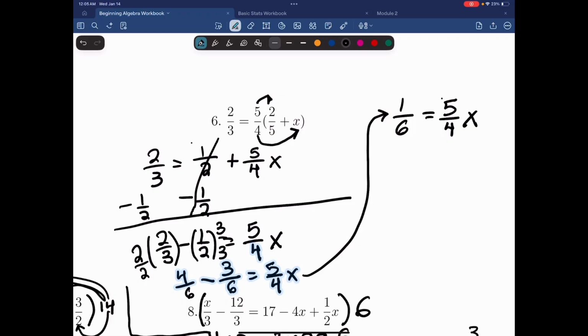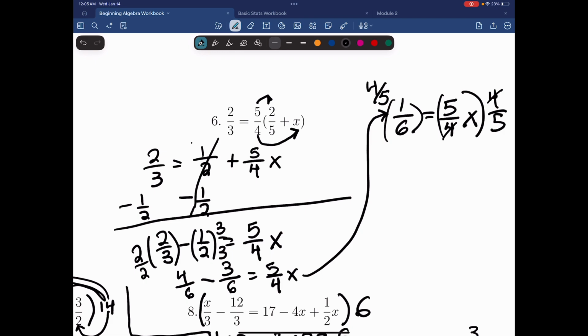So what a lot of people do in this case is they will say just multiply both sides by the reciprocal of whatever's being multiplied by x. So I can just multiply both sides of this equation by 4/5. Because when we divide both sides, that's what we're doing, we're essentially multiplying both sides by 4/5.